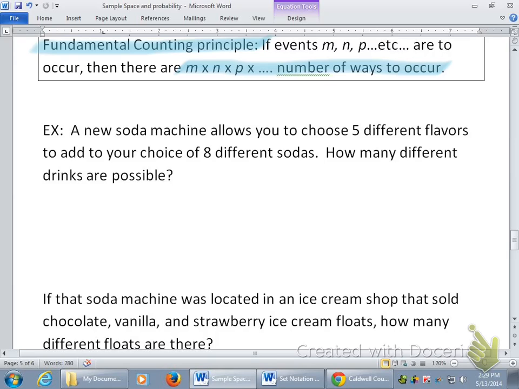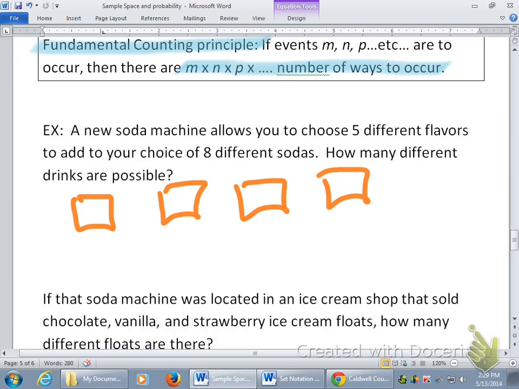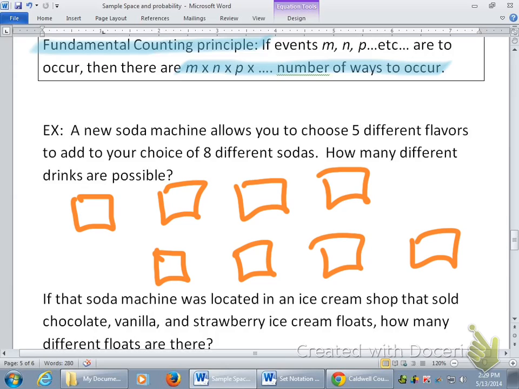Okay. So a new soda machine, if I were going to do this using a sample space, I'd have to show all 8 different sodas, right? And then each of those sodas would have 5 different flavors for them. And how many is that going to be?